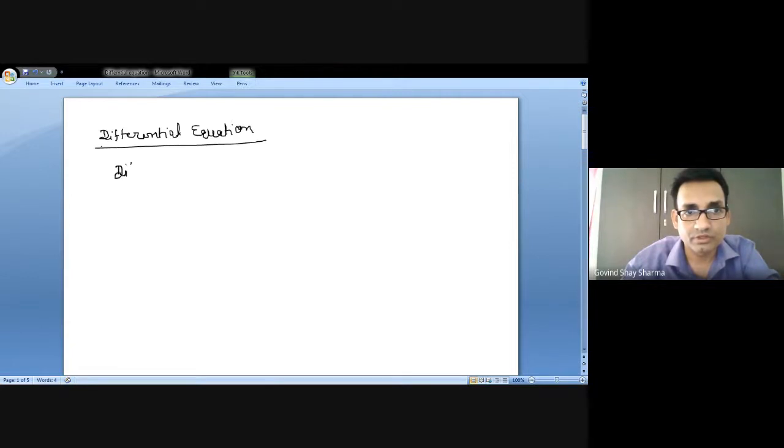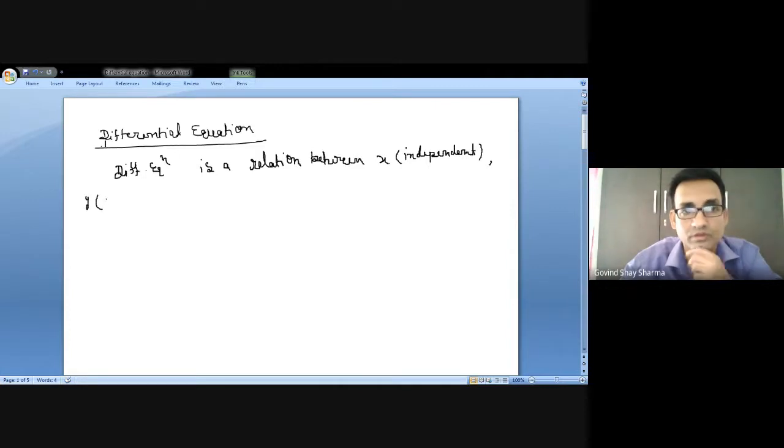Differential equation is a relation between x, x means independent variable, y dependent variable, and their derivative dy upon dx.